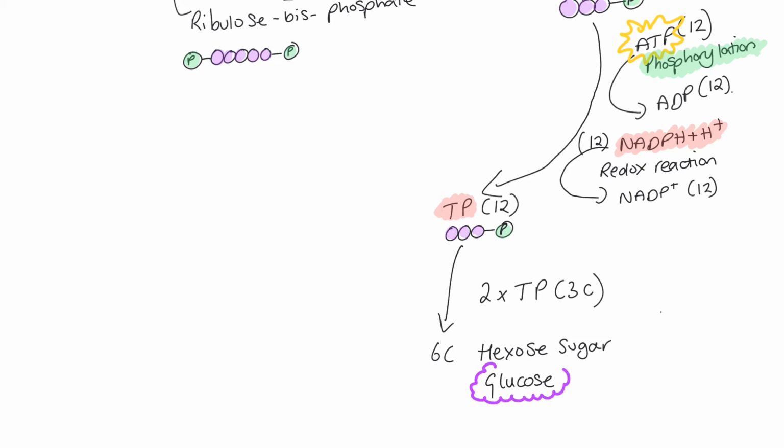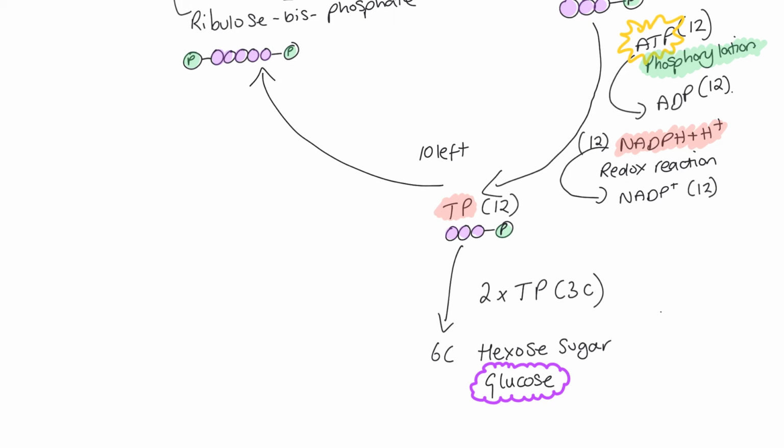So we had 6 carbon dioxides come in, and we were able to strip those 6 carbons off and produce our glucose molecule. But that leaves us with 10 molecules of this triose phosphate left over. Those 10 molecules of triose phosphate then undergo a series of reactions to return them back to ribulose bisphosphate.